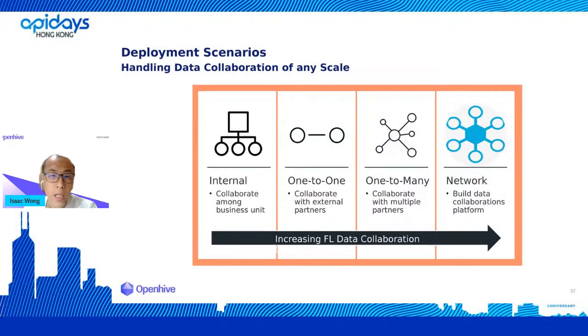And no matter whether the data collaboration is simple or small scale, starting from internal collaboration among business units of a particular company, to external data collaboration between different enterprises, to scaled-up network-type collaborations across different industries, the OpenHive federated learning solution is able to take care of different scales of collaborations.